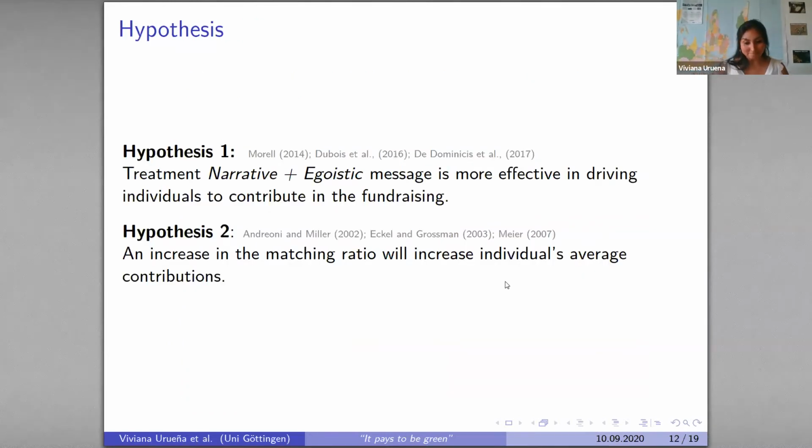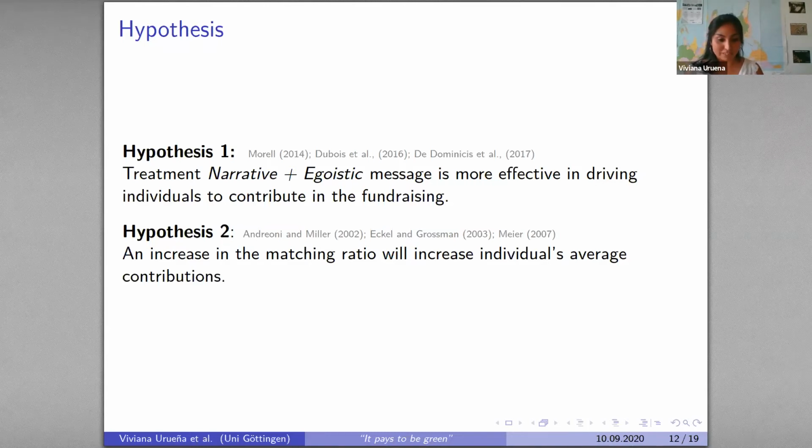So after telling all this, our hypothesis is, well, this was a bit difficult because there are no studies looking at the differences between narrative and imperative. There are some studies on narratives, and some studies on imperatives, but there are no studies comparing both.